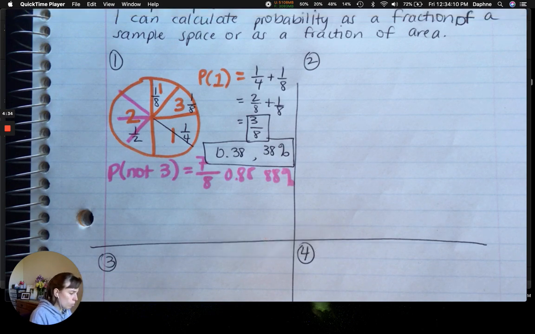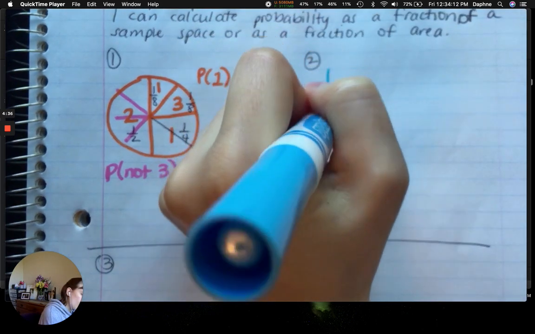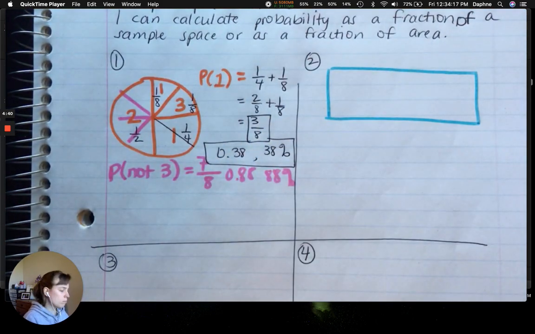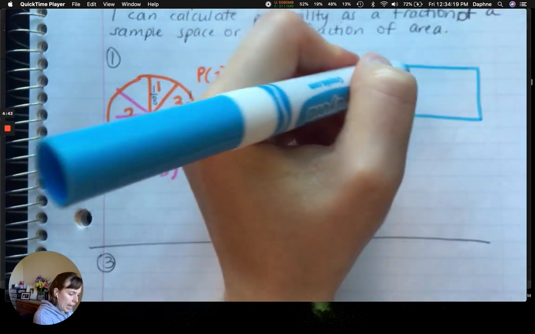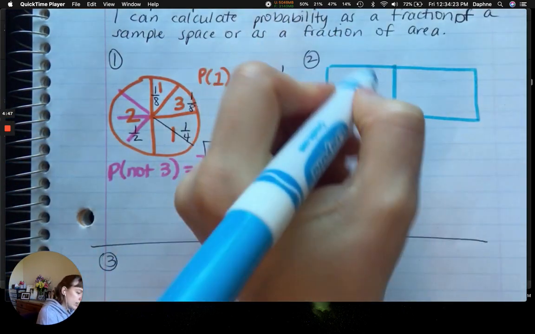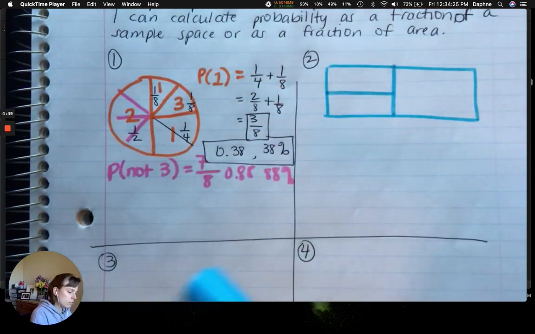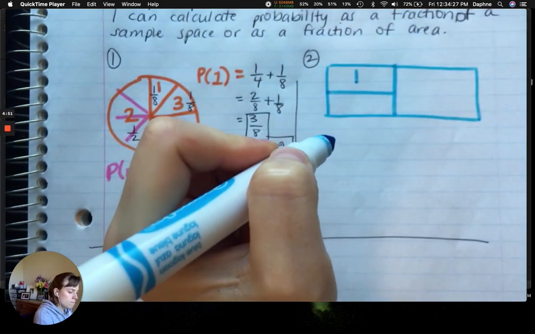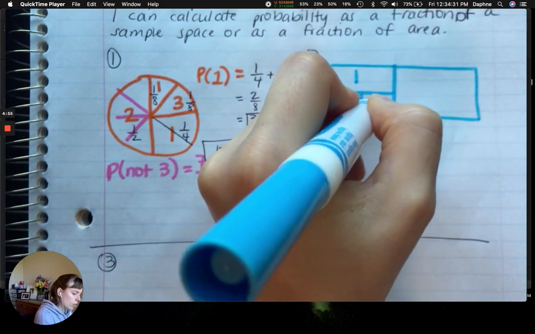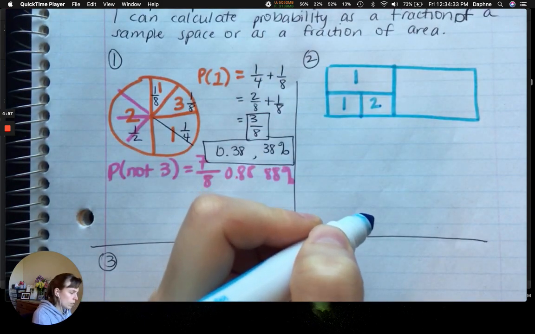So for this one, draw a nice big rectangle, preferably a little straighter than that. Halfway through, then we're going to divide this side in half this way and label it a 1. Divide that in half and have a 1 and a 2.